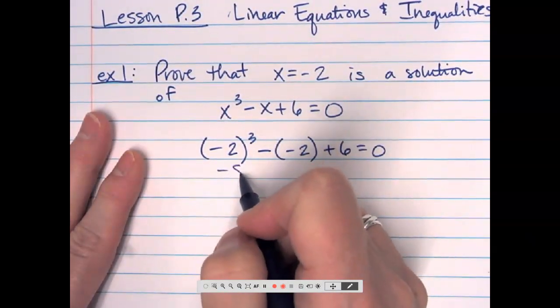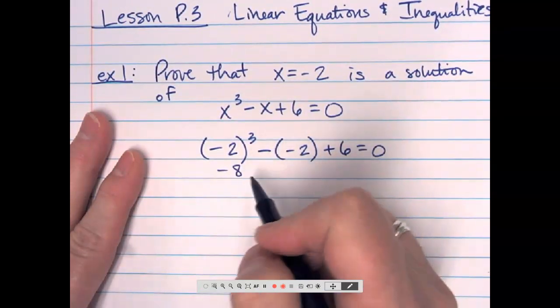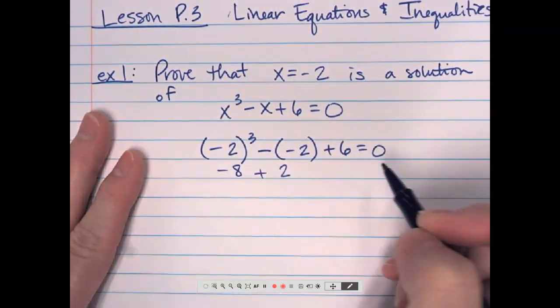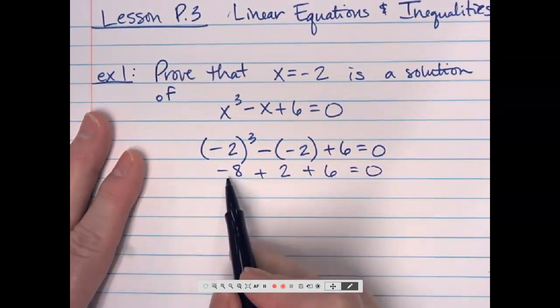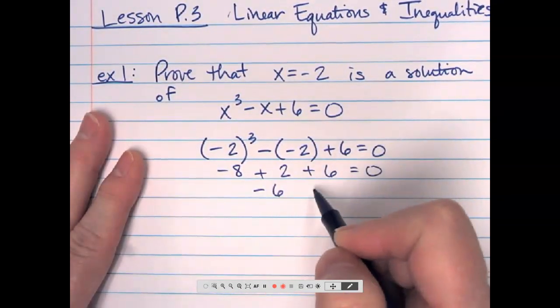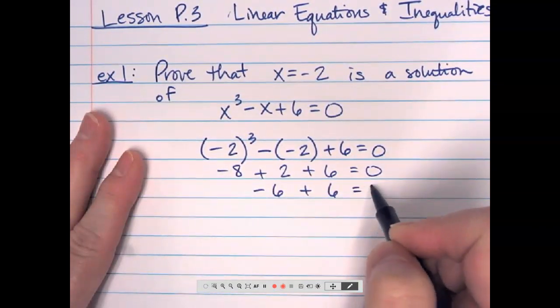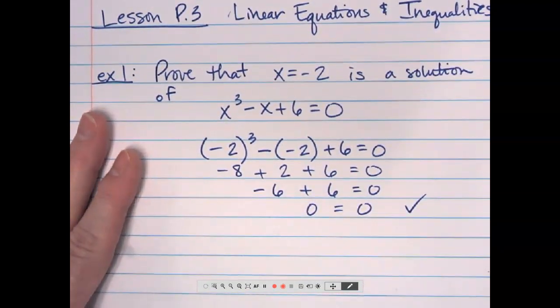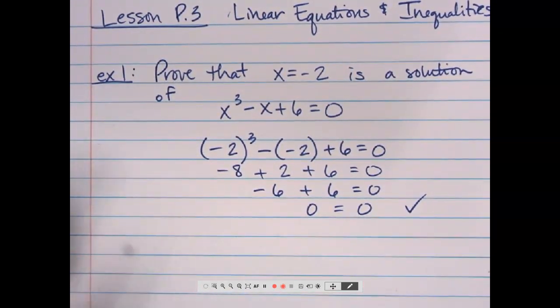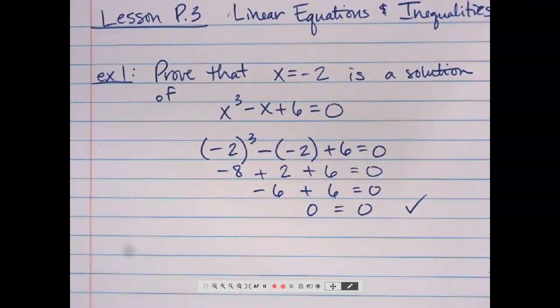Negative 8. When I subtract a negative 2, that becomes plus 2. And then I have plus 6. Negative 8 plus 2 is negative 6. Plus 6 is, in fact, 0. So that is how I would prove it. Just sub it in and show that it actually makes the statement true.